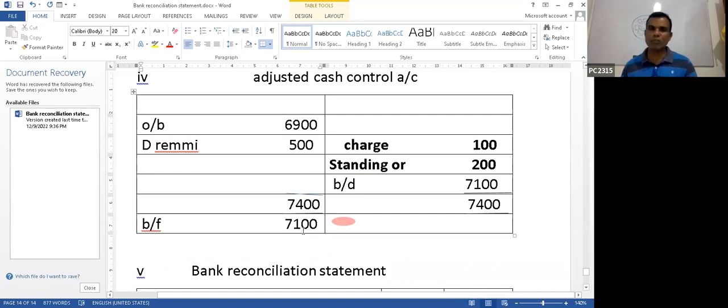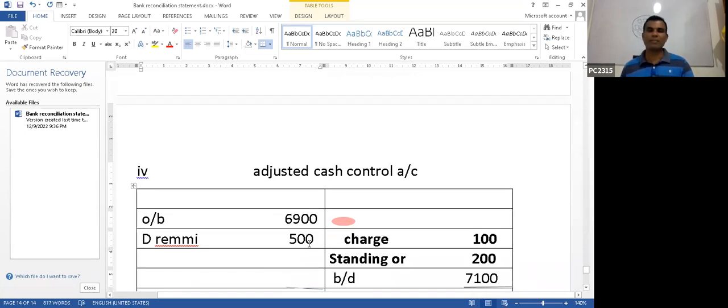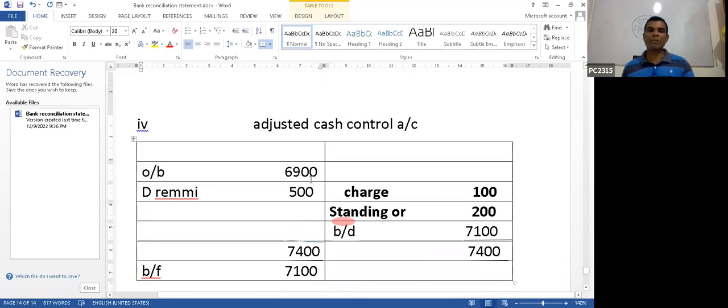Now look at that. This is how you have to take the adjusted balance. This is the opening balance before correction of errors or before adjustment.